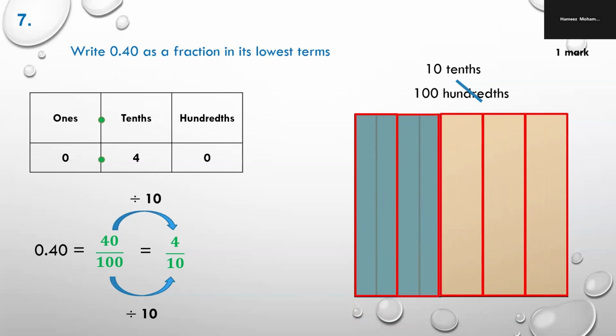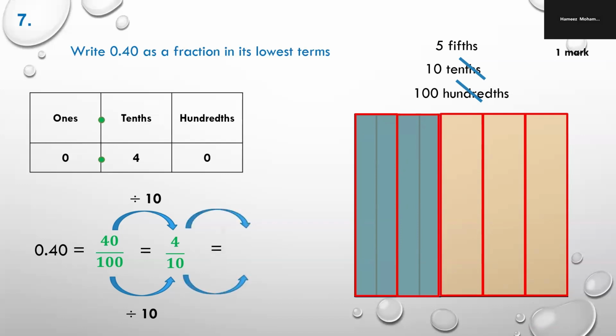And how many of those are shaded? So we move from tenths to fifths. How many fifths? 5 fifths. So we move from hundredths to tenths to fifths. And this is how we reduce to its lowest terms. And how many of those fifths are shaded? Well, that's easy. We can read it off.